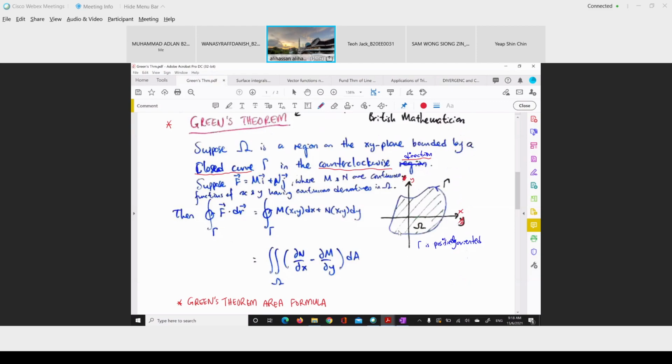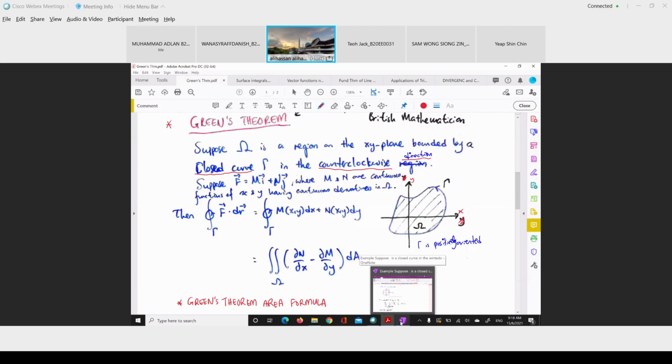You should pay attention to this condition, because it is important to check that it is satisfied before applying Green's theorem.